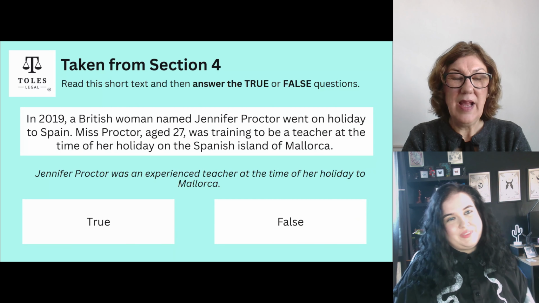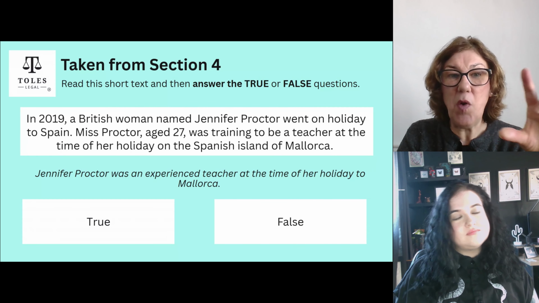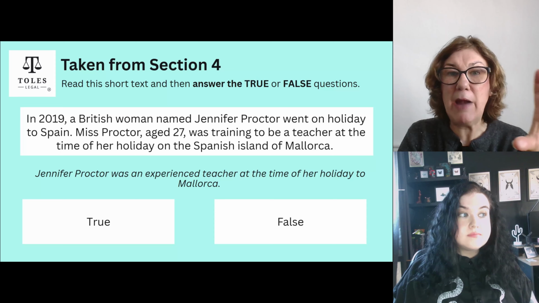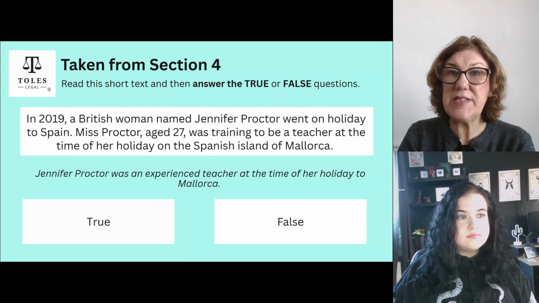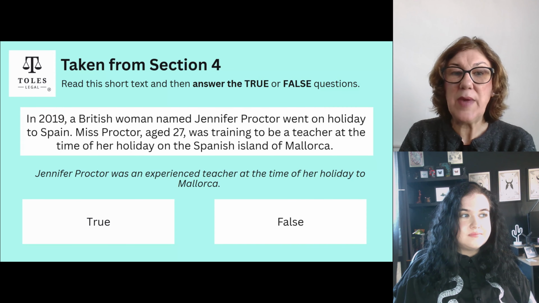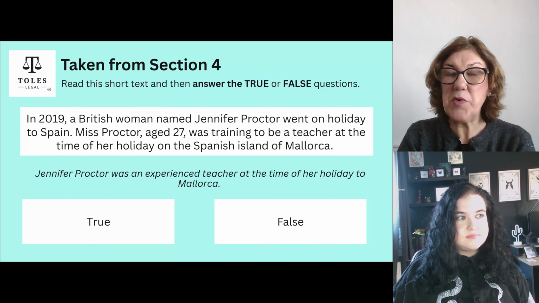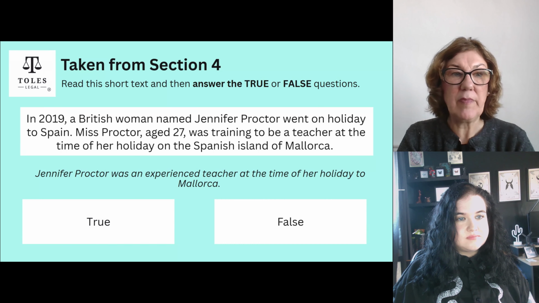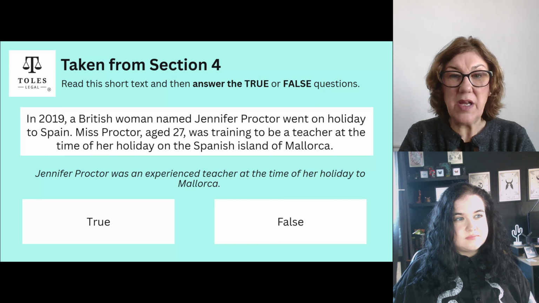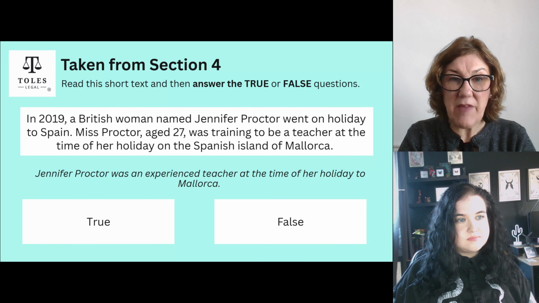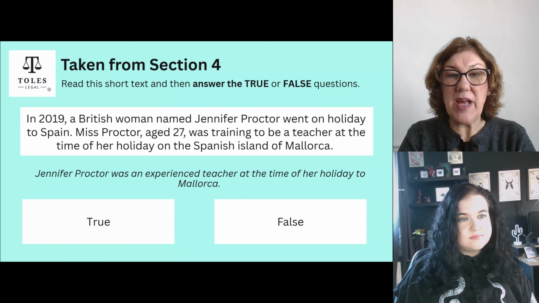Section 4. Oh, okay. So section 4 is actually a full paragraph of a true story from law. And then you get, I think, 5 true or false questions. So this is just an example. In 2019, a British woman named Jennifer Proctor went on holiday to Spain. Miss Proctor, aged 27, was training to be a teacher at the time of her holiday on the Spanish island of Mallorca.